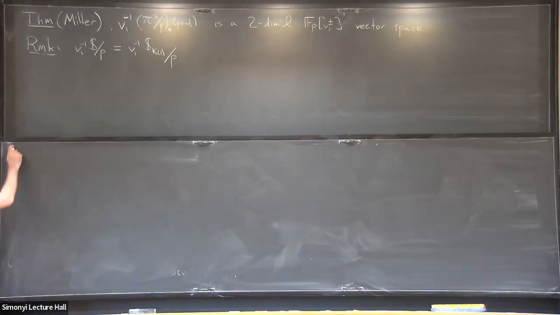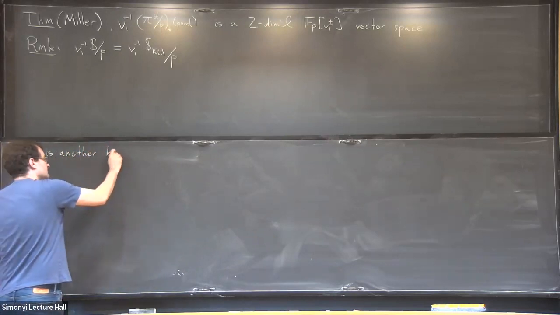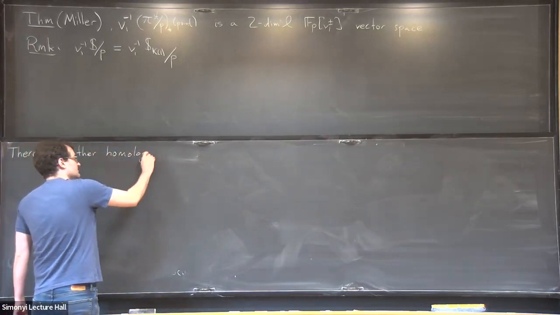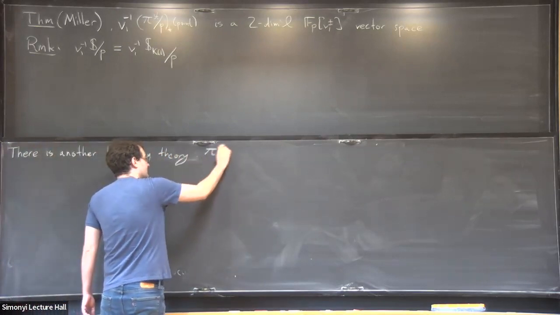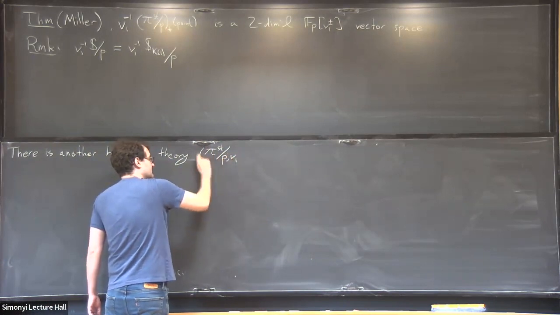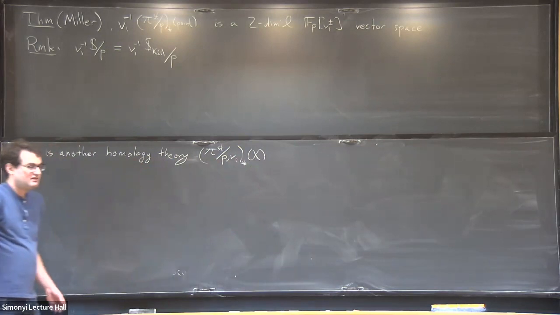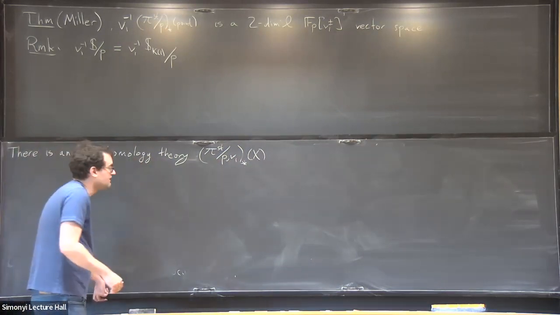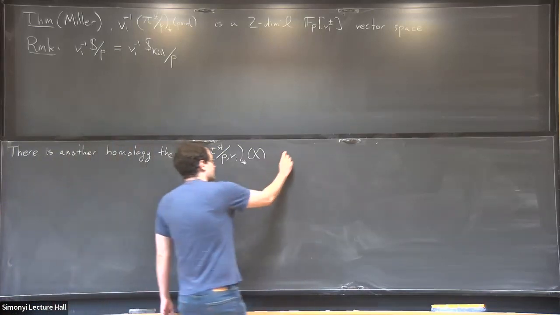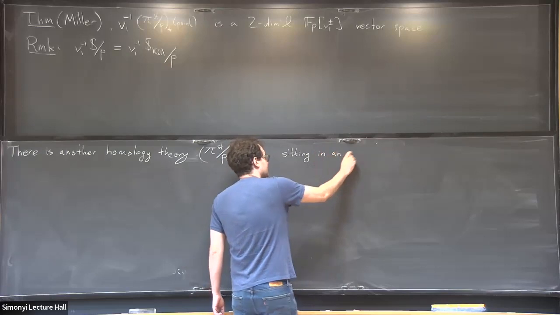We can think about another homology theory, and look at I star stable mod V1, some spectrum, some homology theory of spaces. And it's designed to sort of understand V1 power torsion. And it sits in an exact sequence. It's characterized by the following exact sequence.